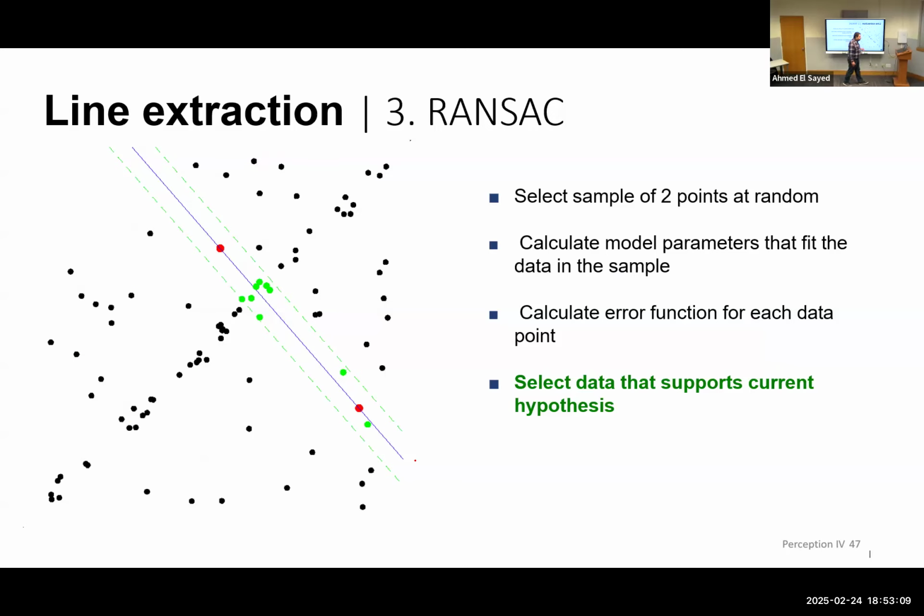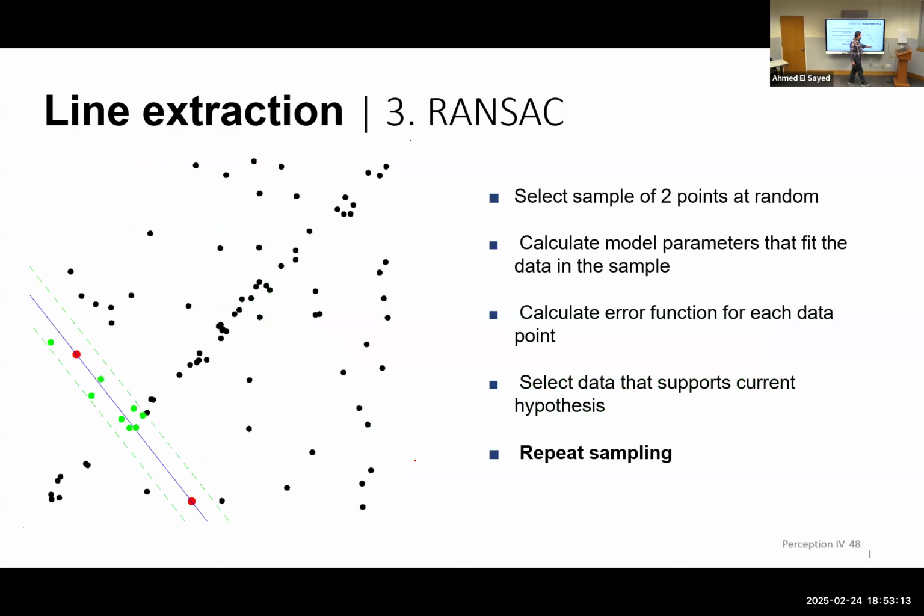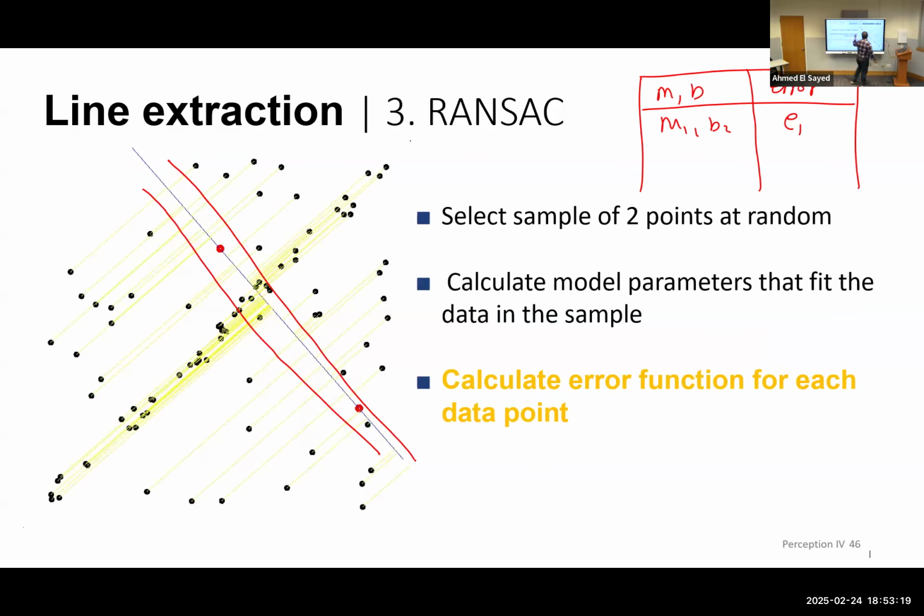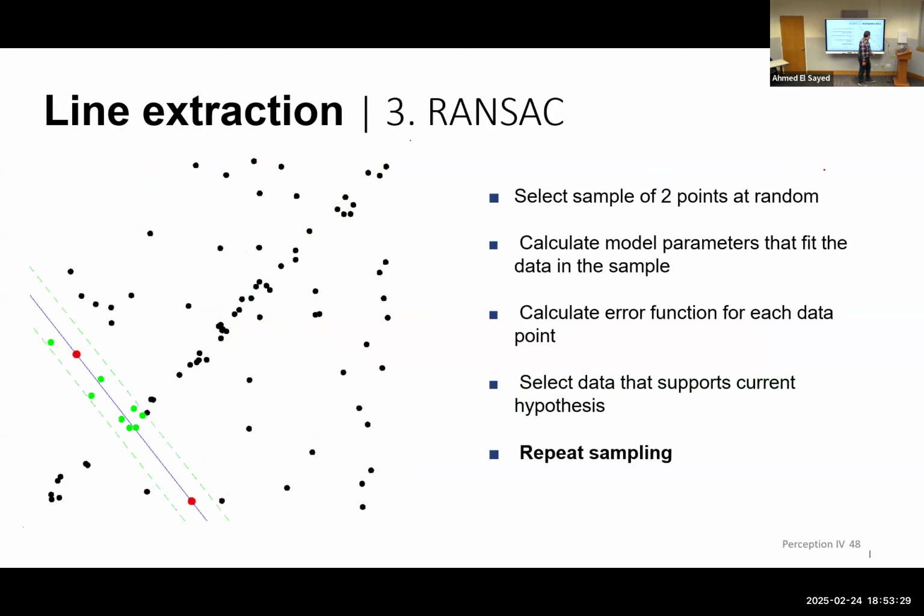Anything outside will not be accepted. Then I will sample again. In this case, I will have another M2, B2, which has another error value. So those are the correct values, and all those are considered to be wrong.